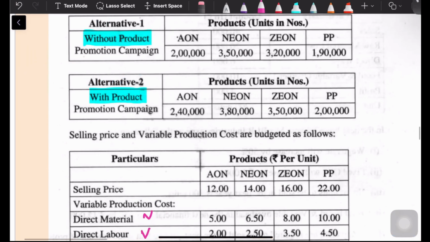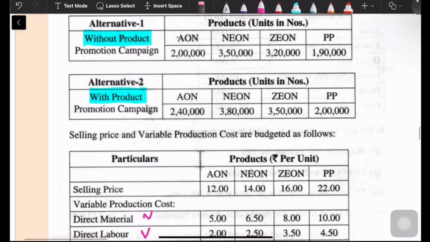Also on top of these products we will write the maximum units as per the promotion campaign table: 2.4, 3.8, 3.5 and 2.